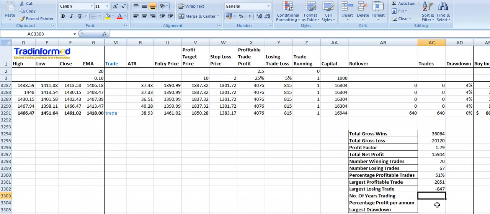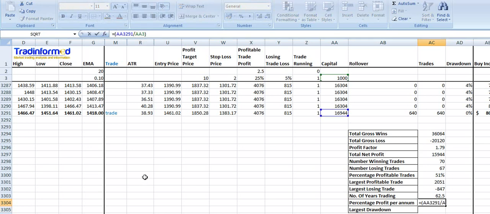The number of years trading, I know that it's pretty much 62.5 years worth of trading from our first trade to the end of the backtest, and we can use this information to calculate our percentage profit per annum, and we do this by using the compound interest formula, which is the final capital divided by the starting capital, using brackets.